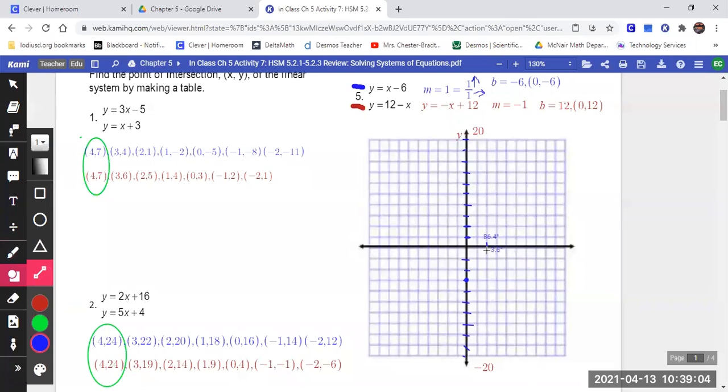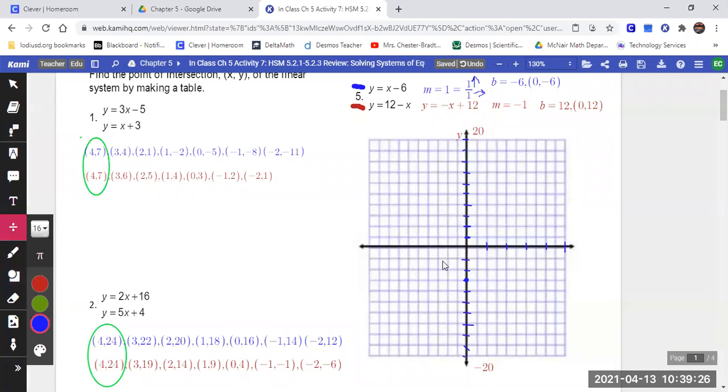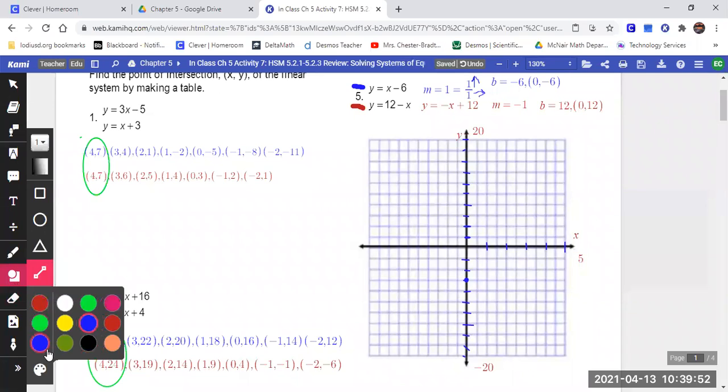I'm going up by 2, and I need to divide by something so I keep that equaling 1. 2 divided by what makes 1? 2.